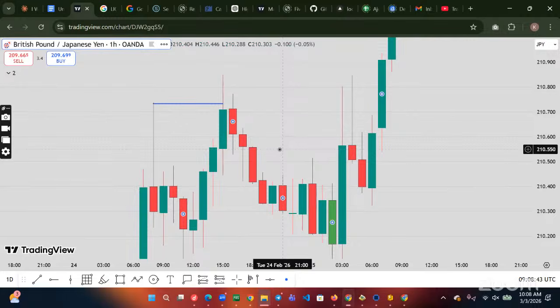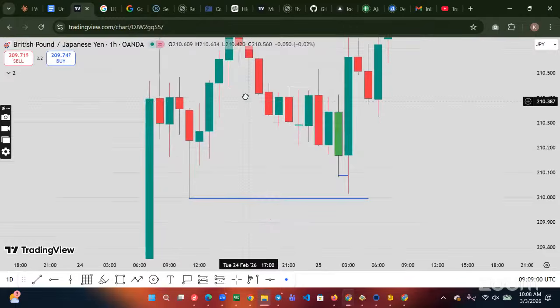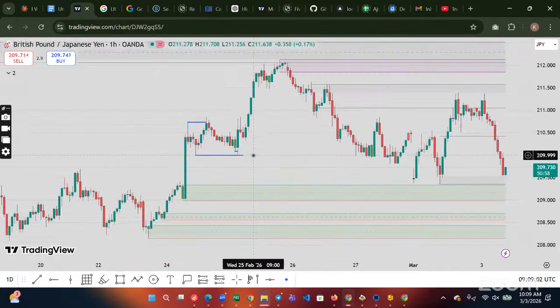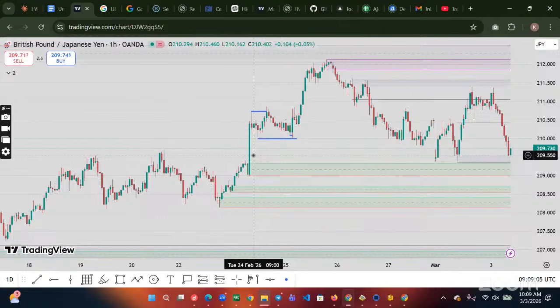If you look at the chart, the example I sent on the group, the engulfing took a previous structure, and that same engulfing took out the previous candle. This is more like a double confirmation. Let me see if there are examples like that.